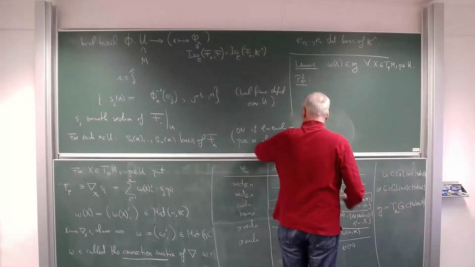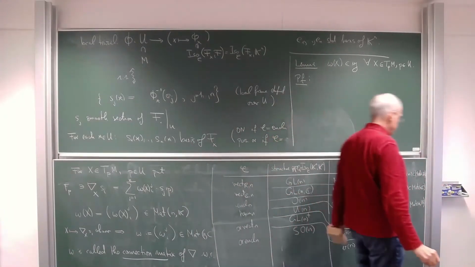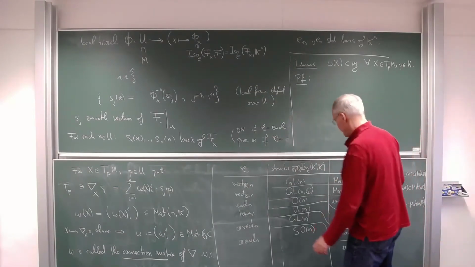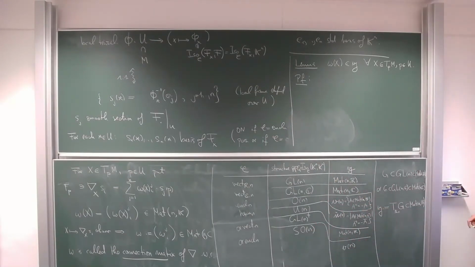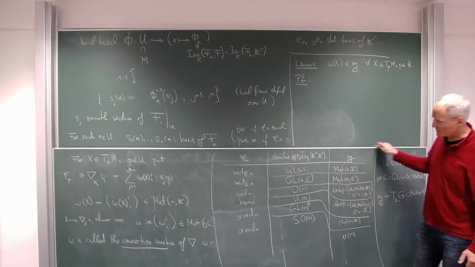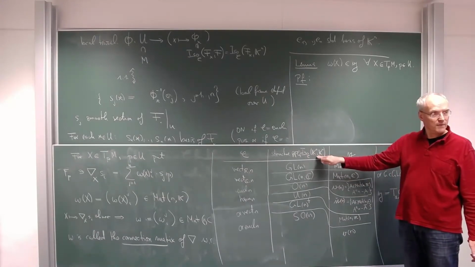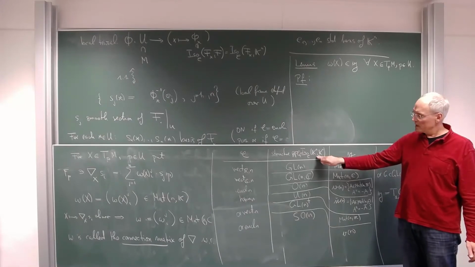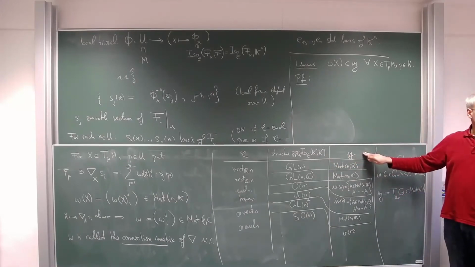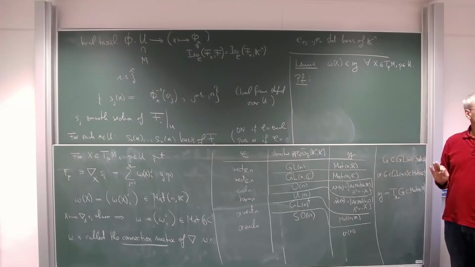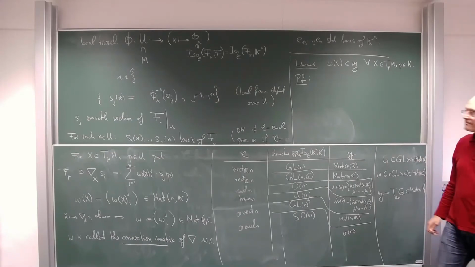Well, somehow we must use the fact that our connection comes from something, so that parallel transport is always contained in here by definition, and the things that we get here we get by differentiation. And this is the definition of the Lie algebra. On the other hand, the covariant derivative also is somehow obtained by differentiating parallel transport. So this should set up the relation.